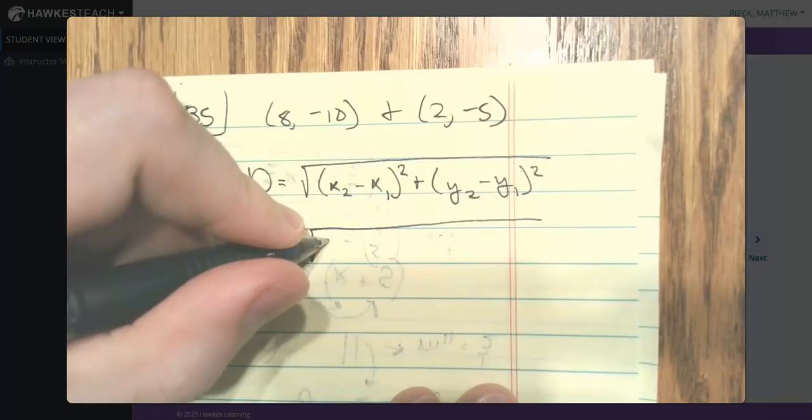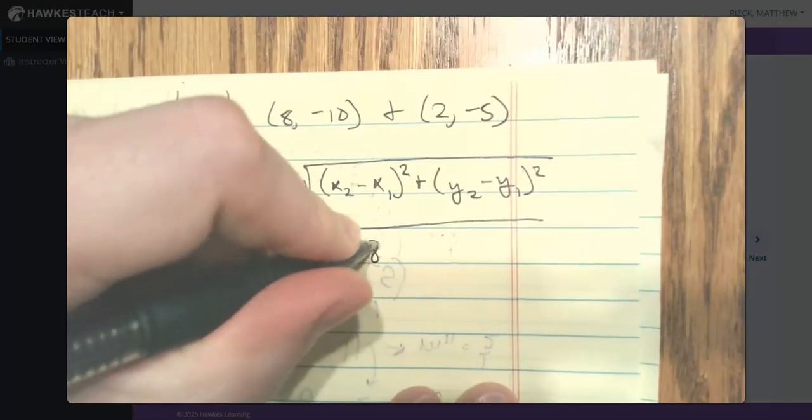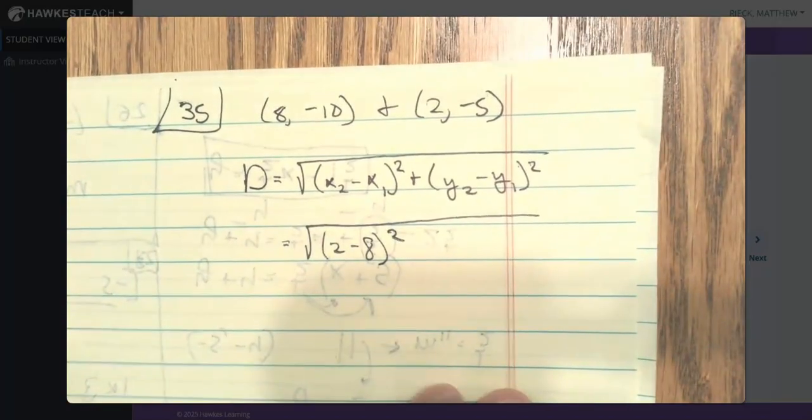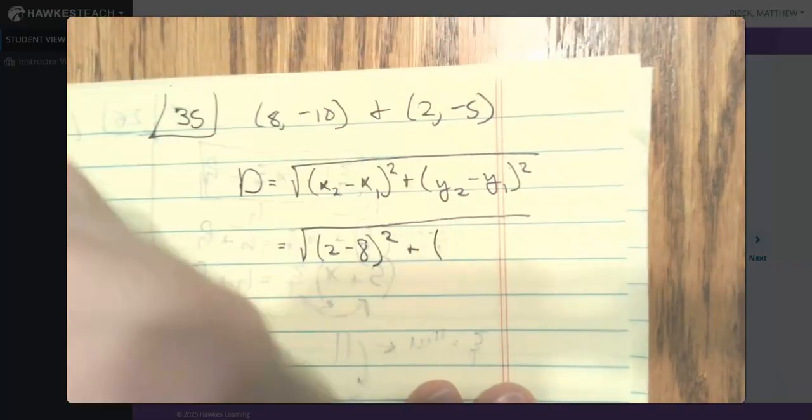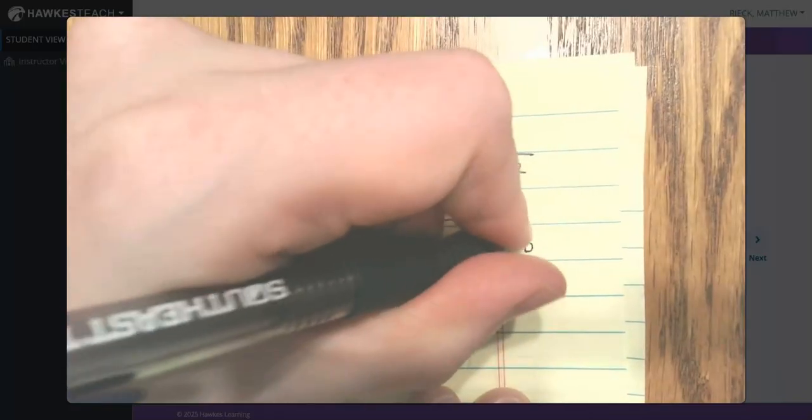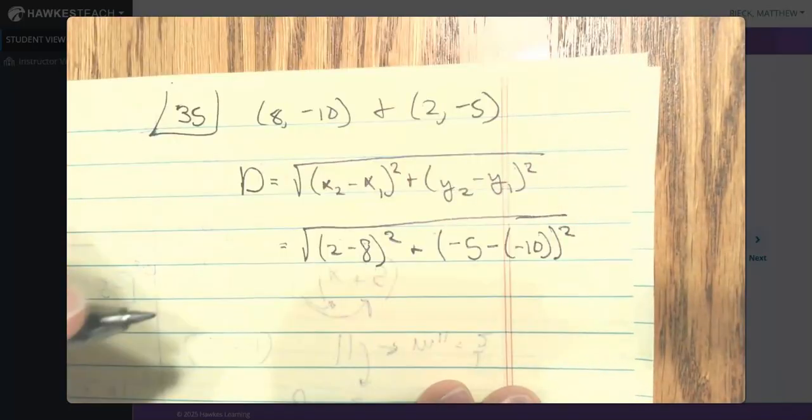So you have x2, which is 2, minus x1, which is 8, so you have (2 minus 8) squared plus (-5 minus -10) squared.